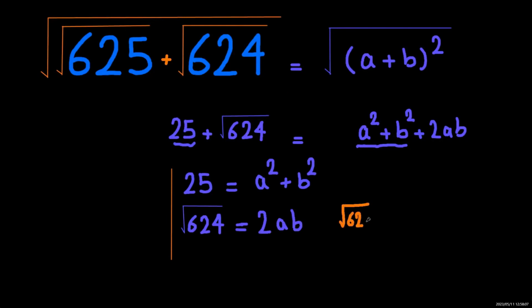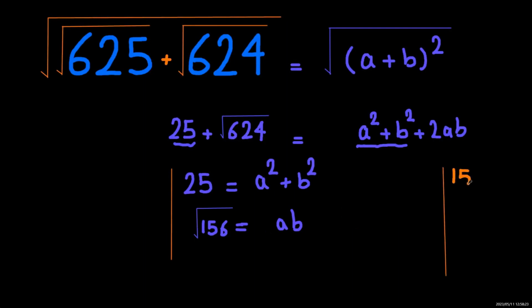The square root of 624 is the same as the square root of 4 times the square root of 156. And now the twos from both sides cancel.